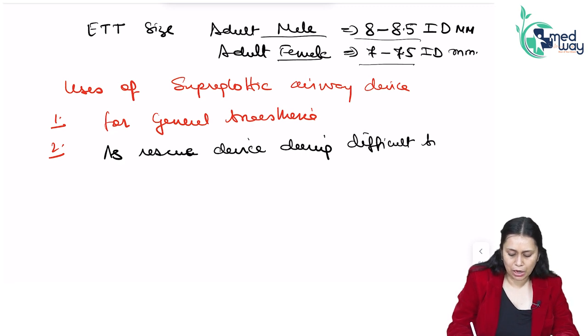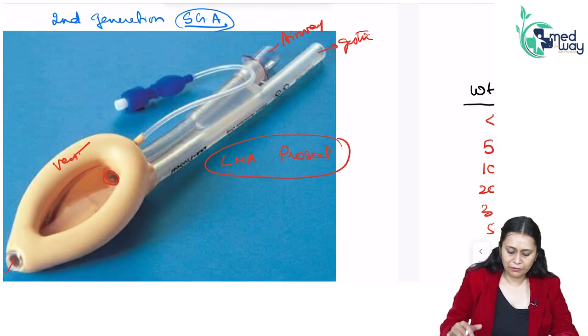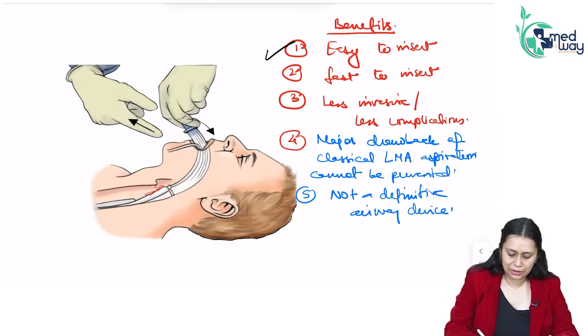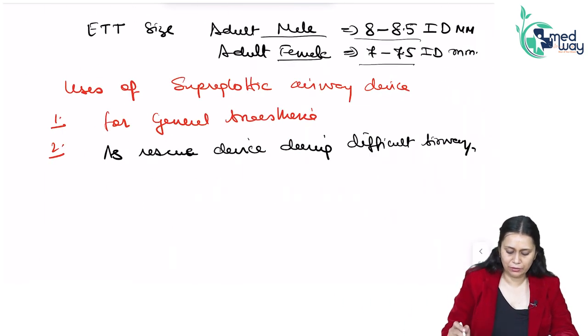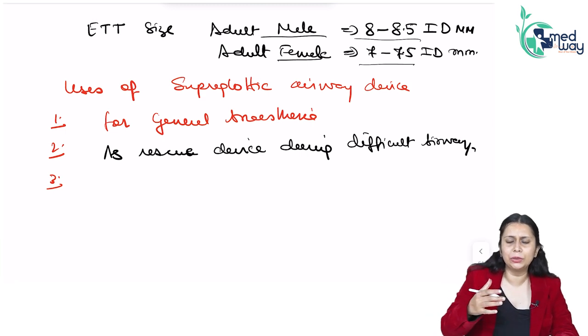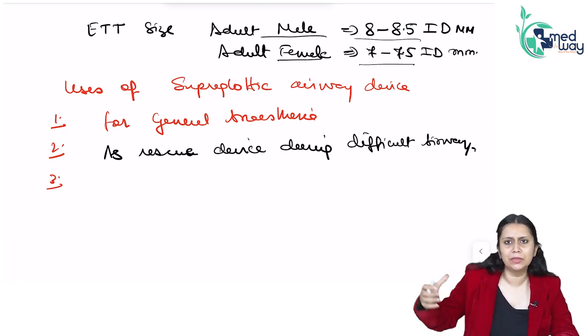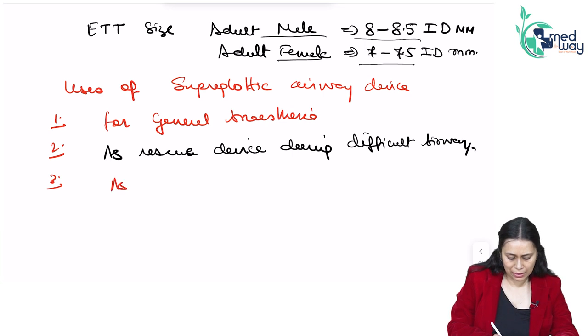When we are not able to put the tube, in a difficult airway, we have discussed this is easy to insert, fast to insert. So it is a very good rescue device during difficult airway. This was the reason for its advent. Then it can also be used for other purposes, like an aid in intubation. There is an intubating LMA, or ILMA, or fast track LMA, a special LMA through which you can put an endotracheal tube also.